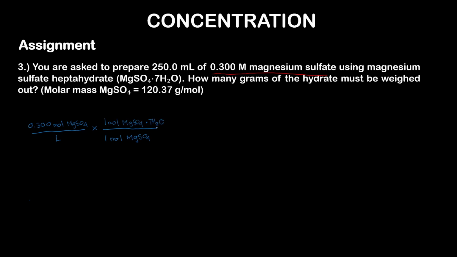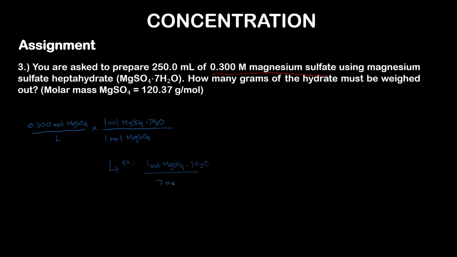Why is that? I have explained this, but you can see there's only one magnesium sulfate in one magnesium sulfate heptahydrate. For example, what if we are looking for the water? 1 mole of magnesium sulfate times 7H2O. How many moles of water?